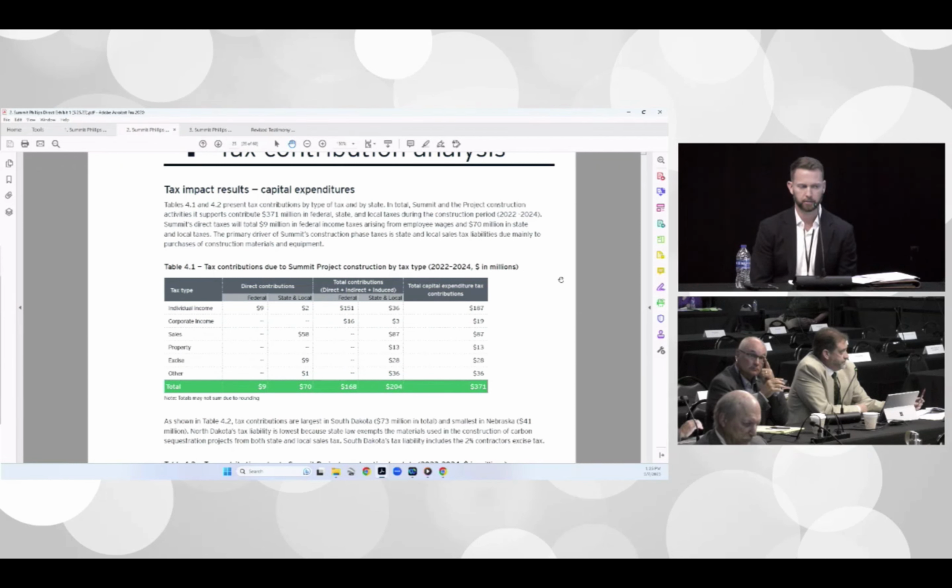And that particular number is the estimate of federal individual income tax for Summit employees. I want to be clear about that. That is the amount of W-2 withholding from employees, correct? I believe that's correct, yeah. It's not the corporate income tax. Correct. Corporate income tax is estimated to be 0. Correct.